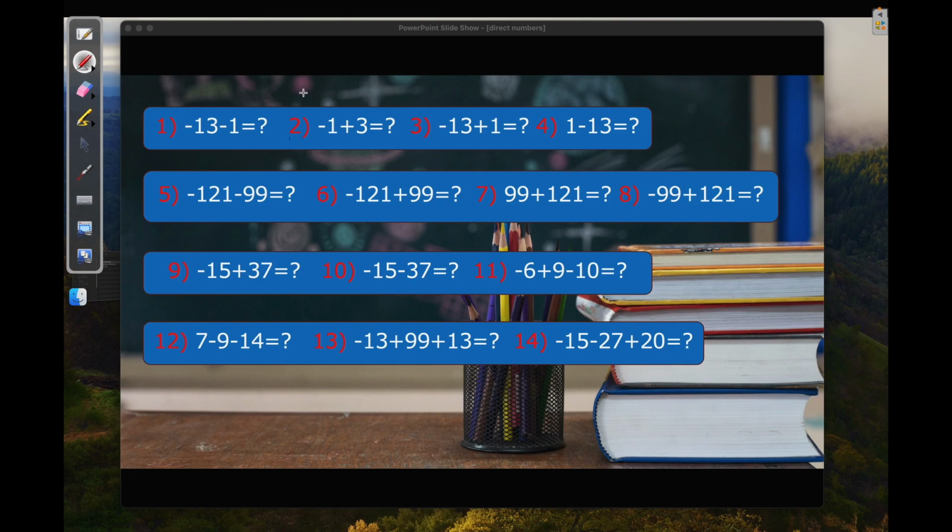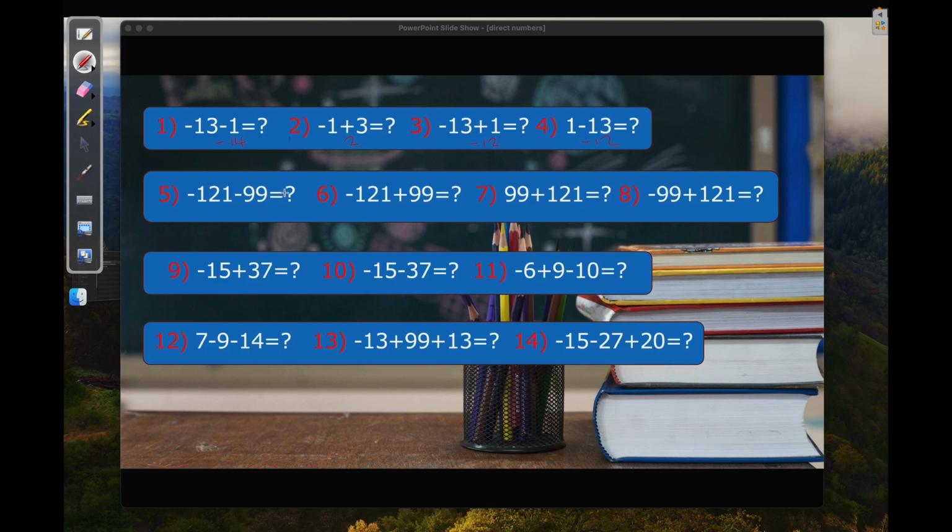Okay, so the first one we have is minus 13 minus 1, which is minus 14. Minus 1 minus 3, this is 2. Minus 13 minus 1, this is minus 12. 1 minus 13, this is minus 12.